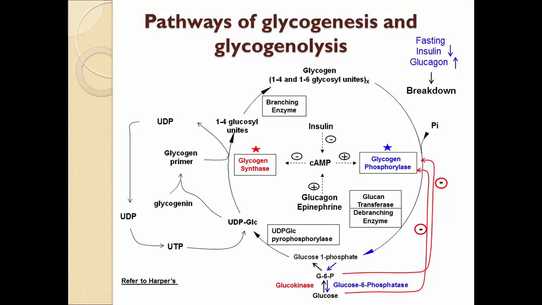So I think it probably would be easier to connect all the physiological conditions and which hormones are responsible for which physiological conditions, and then the pathways. Going in this direction would probably make it easier to memorize. For example, in the fed condition, we always have high insulin and low glucagon, right? Glycogen should be synthesized in the fed condition, and glycolysis should be active.